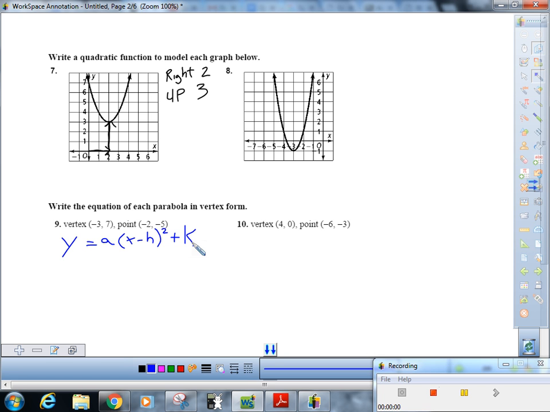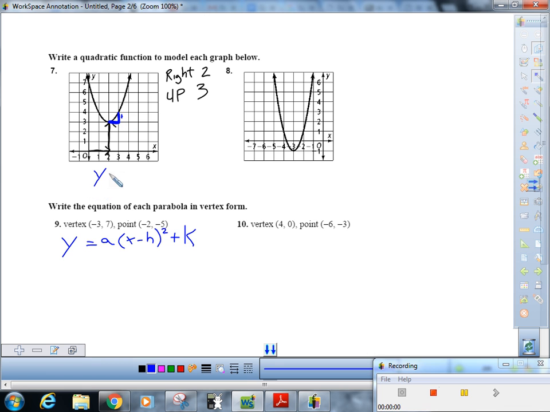It also is describing the right movement and the up movement. Okay? Now, in this problem, number 7, I would not expect you to get the A right, because we haven't talked about that. But, since we went over 1 and up 1, I will tell you that our A is 1. Again, I wouldn't have expected you to know that. But I think you could have gotten the rest of it right.